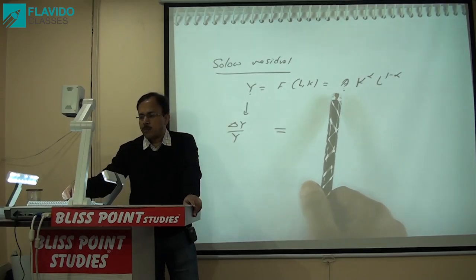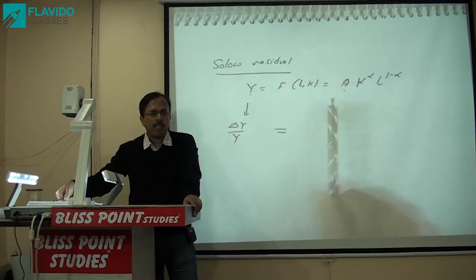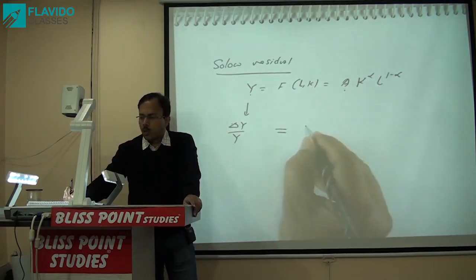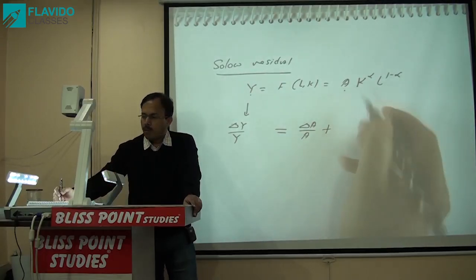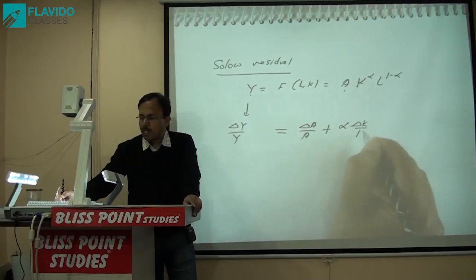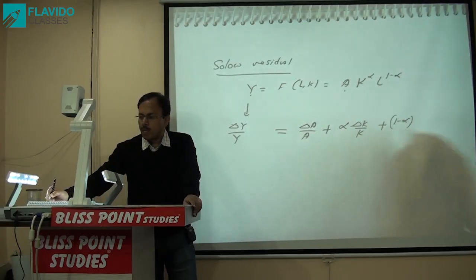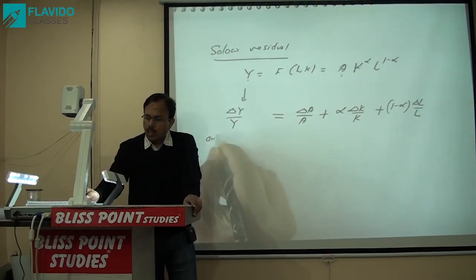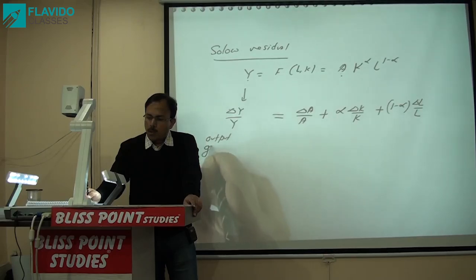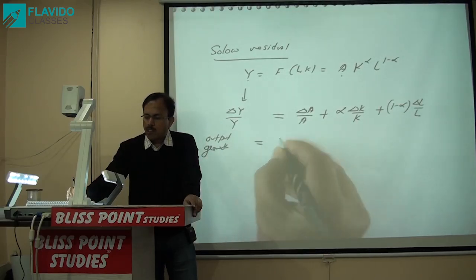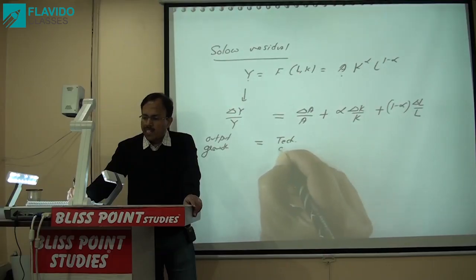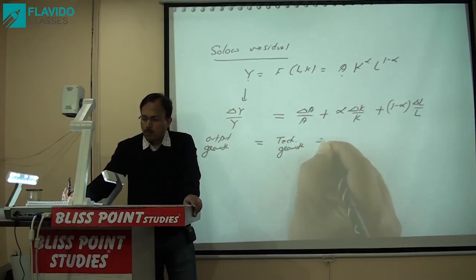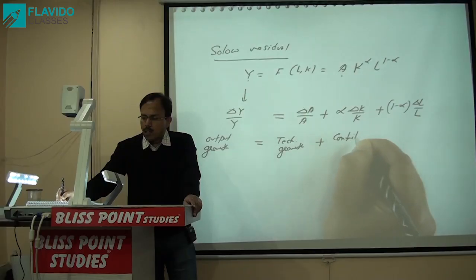Since while explaining growth rate, log will be taken, so साइन प्लस आता जाएगा. Growth rate of technology delta A by A plus alpha multiplied by delta K by K plus 1 minus alpha multiplied by delta L by L. So this is your output growth, which is equal to technical growth plus contribution of capital.